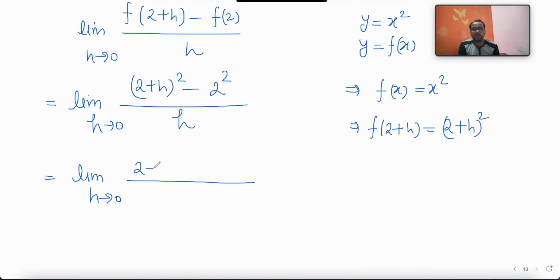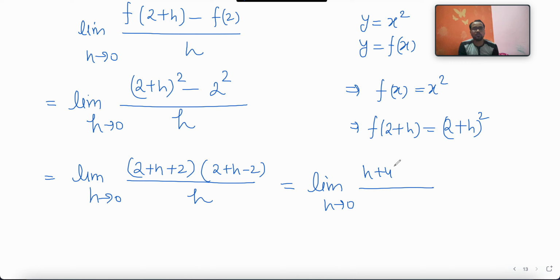So that will become 2 plus h plus 2 into 2 plus h minus 2 upon h. So this will give you limit h tends to 0, h plus 4 into h upon h. This 2 cancels, and h upon h will also be cancelled. So you will be getting limit h tends to 0, h plus 4 only. Now put h equal to 0 here, so that would be 4.